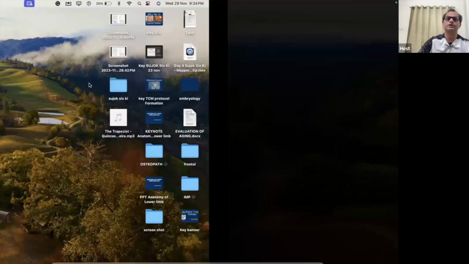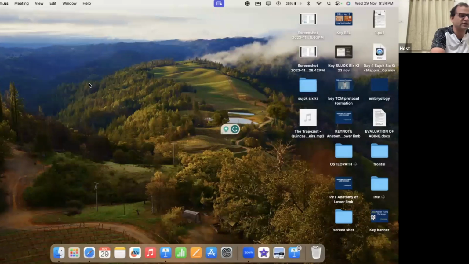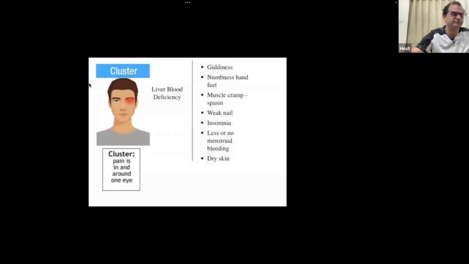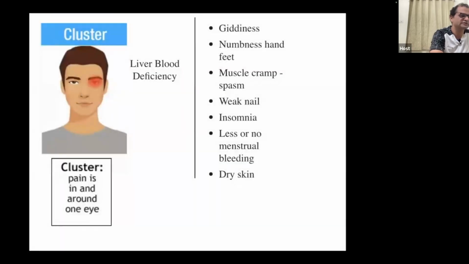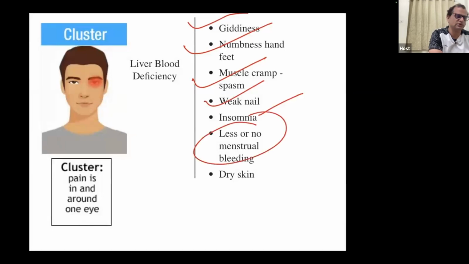Right? So in this way, many times a person is feeling some of these symptoms. These symptoms are written here. ये सारे लक्षण यहाँ लिखे हुए हैं. देखिए, giddiness, numbness in the hand and feet, cramps and spasm of the muscles, your nails will be weak, insomnia, less or no menstrual bleeding, and dry skin, right?